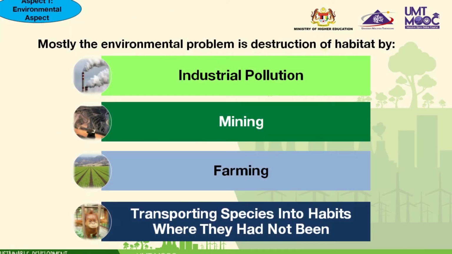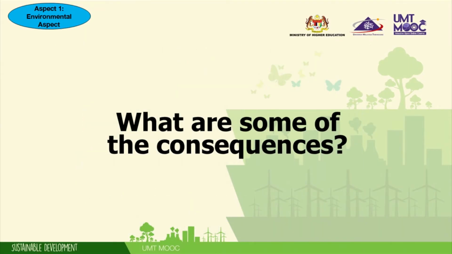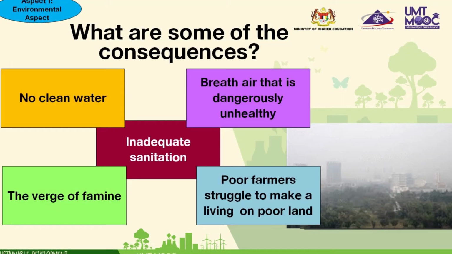Mostly, the environmental problem is a destruction of habitat by either industrial pollution, mining, farming, or transporting species into habitats where they had not been. Environmental issues can be seen and indicated by long-term ecological effects, and some of which can demolish whole environments. Some of the effects of environmental degradation are inadequate sanitation, no clean water available, air pollution which is dangerously unhealthy, the verge of famine, and soil infertility.